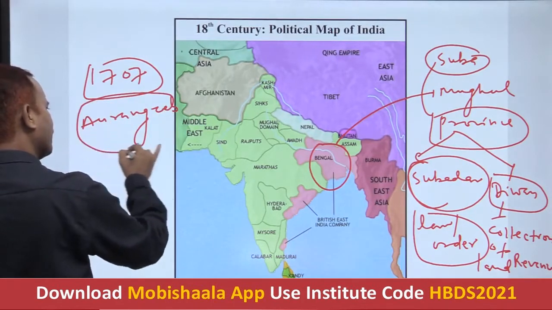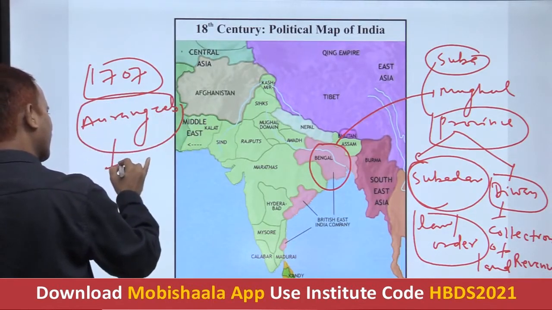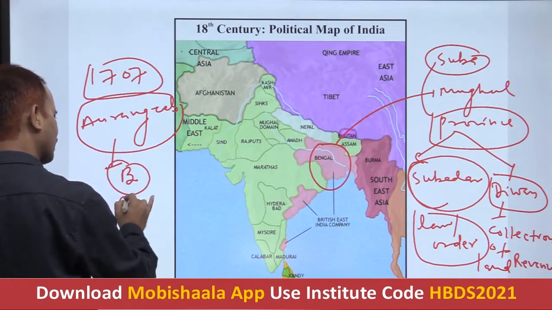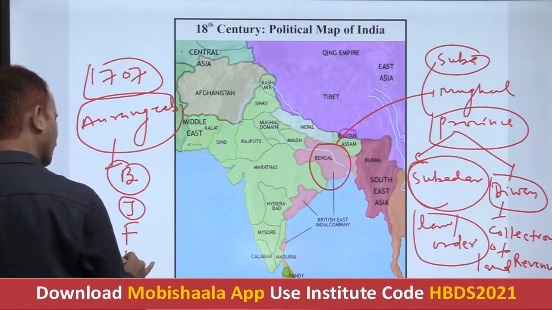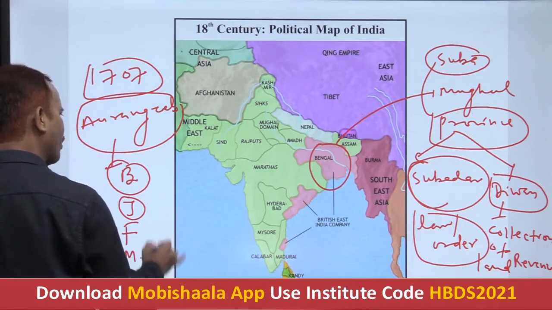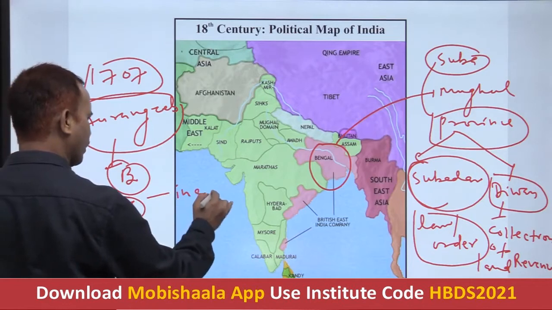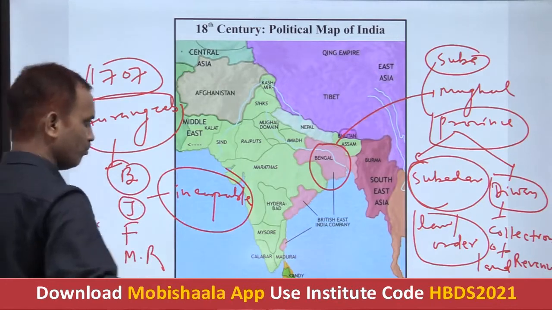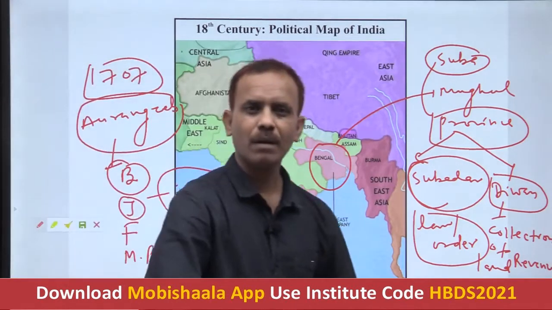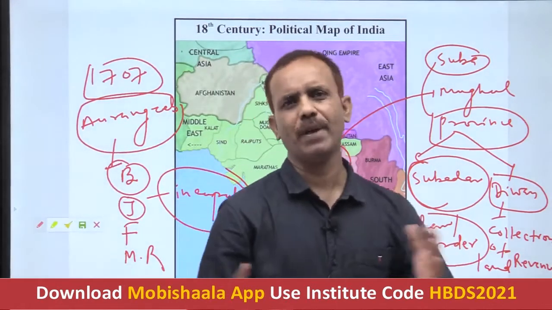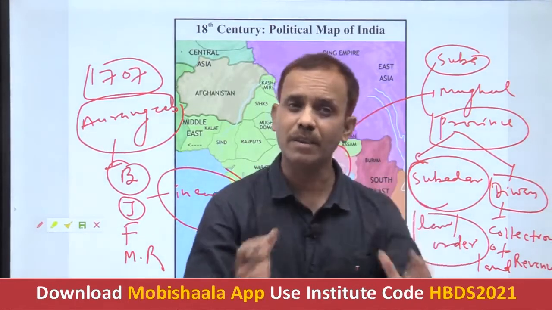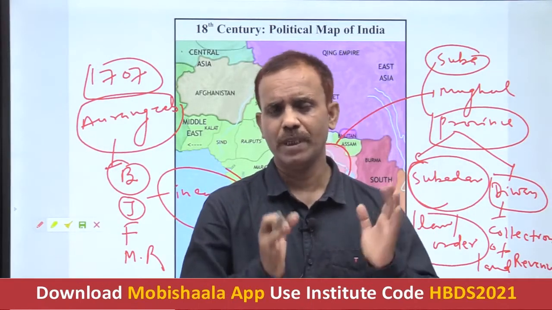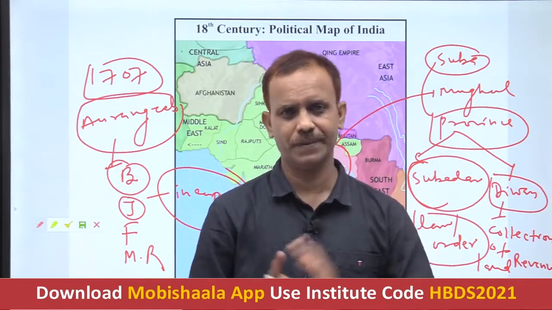And then after, all his successors, Bahadur Shah, Jahandar Shah, Farooq Siyar, Muhammad Shah Rangila, all were incapable to maintain the expansive Mughal Empire. As a result, the whole fabric of Mughal Empire started declining.